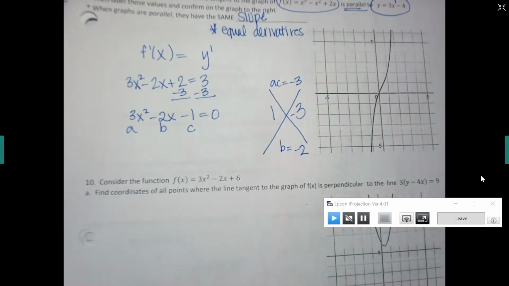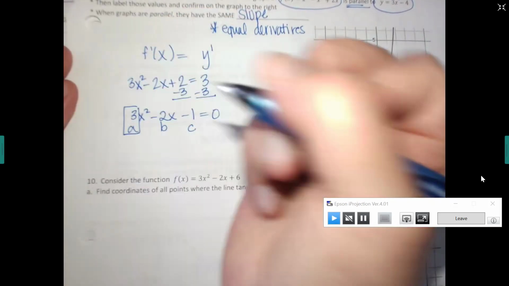I think on the first day when we did that prerequisite challenge, I just was too lazy to go back over this. But if your A is a 1, you can go straight to the factors. Do you remember we'd put x plus 1 and x minus 3? You can't do that if your A is anything besides 1. In this case, what's my A? 3.